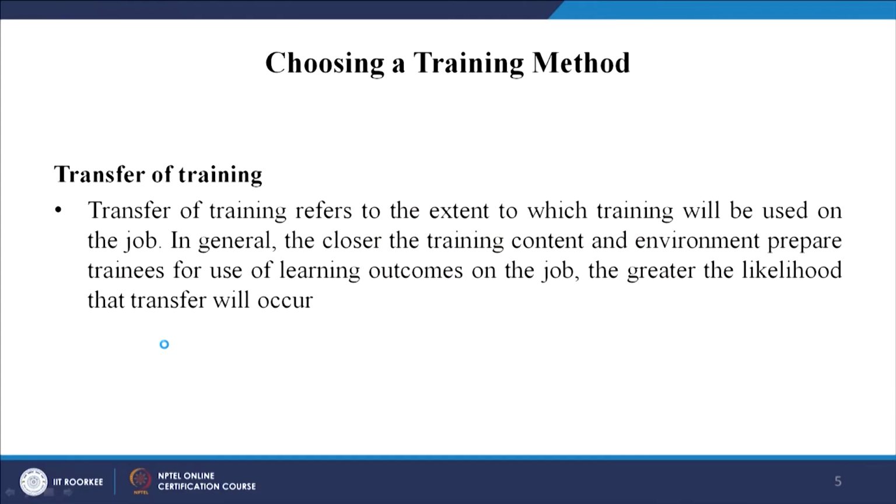Always, to learn there is a prerequisite, and that is nothing but willingness. If the trainee is willing to learn and the trainer is highly committed to deliver his contents, then definitely there will be the transfer of knowledge, or the job will be done. In general, the closer the training content and environment, the better it prepares the trainees to use learning outcomes on the job.